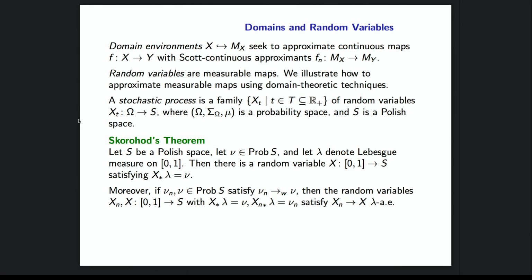So this is not only telling you you can get each one with the push forward of the map, but in fact, the random variables you choose have to converge almost everywhere. So this reduces convergence in the weak topology on this abstract measure space, of this S here, to convergence of measurable maps almost everywhere. Okay?